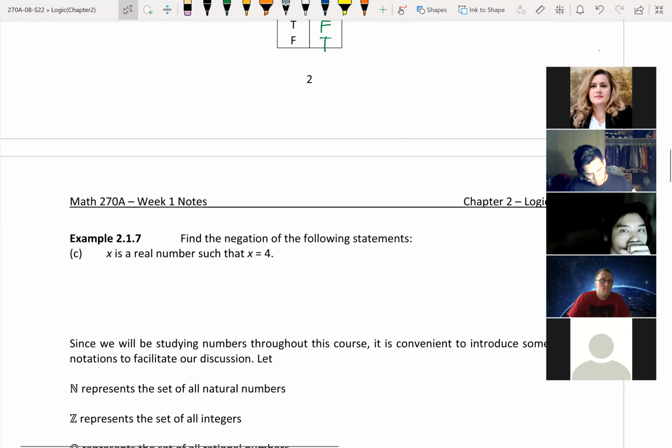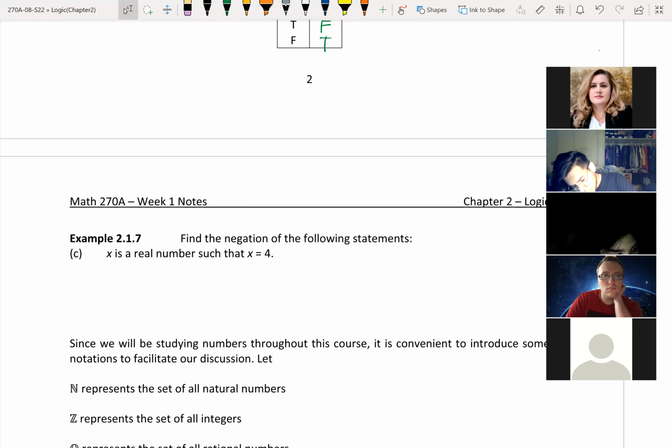Can you please negate this statement? X is a real number such that X does not equal 4? Exactly, right? X is a real number which X is not equal 4, okay?